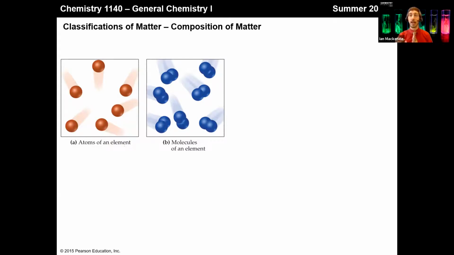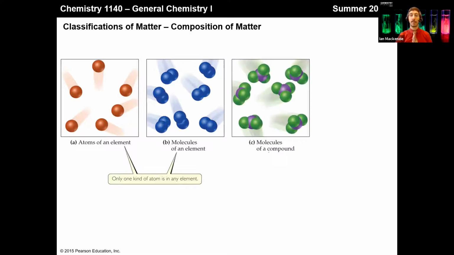That's when more than one atom is joined together. But those two or more atoms could be of the same element, so we can classify it based off of that. And in this case, it's just one kind of an element. Or we could have molecules that have multiple elements, and those are referred to as compounds.